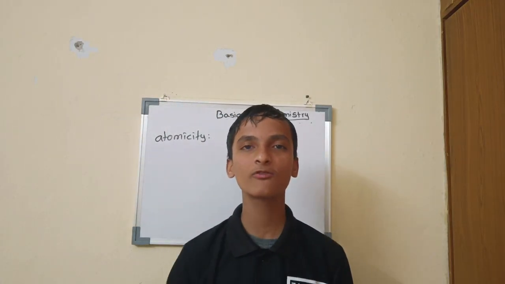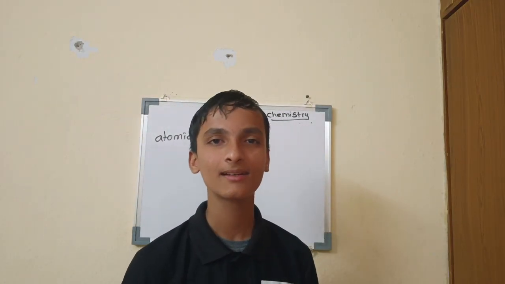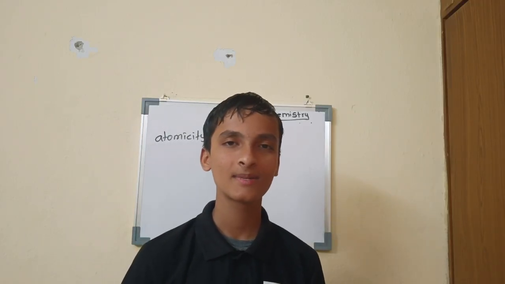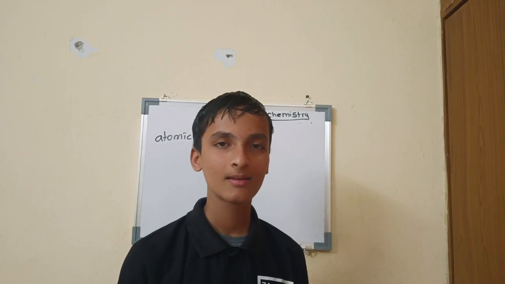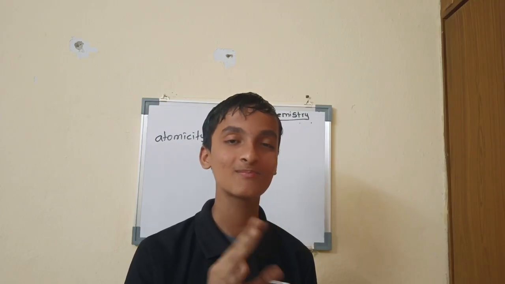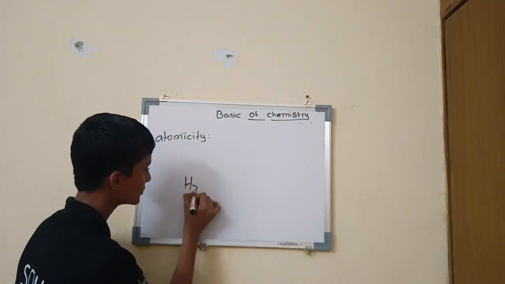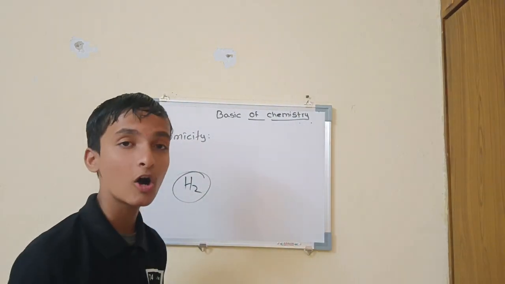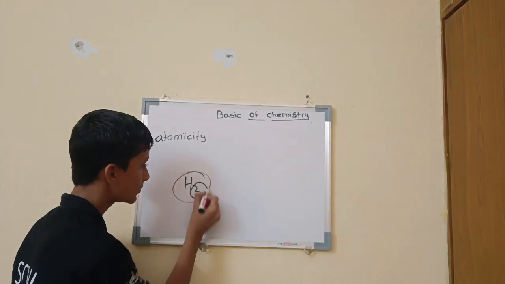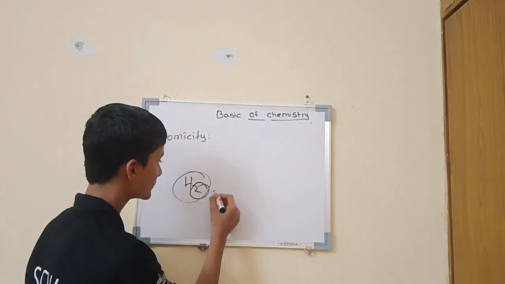The number of atoms present in one molecule is called atomicity. Suppose H2O is a molecule. How many atoms are present? Three atoms. Then atomicity is 3.